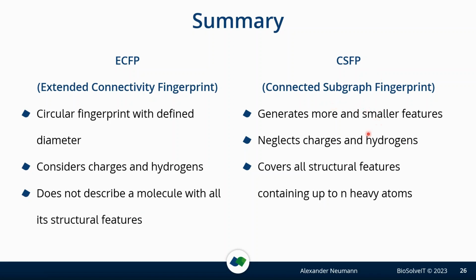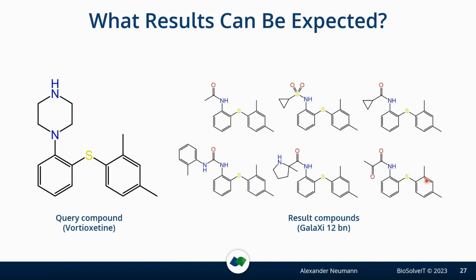We do neglect charges and hydrogens, unfortunately, but by the end of the day, it doesn't matter. But for this, we actually do cover all of those structural features containing up to how many heavy atoms you would like to have.